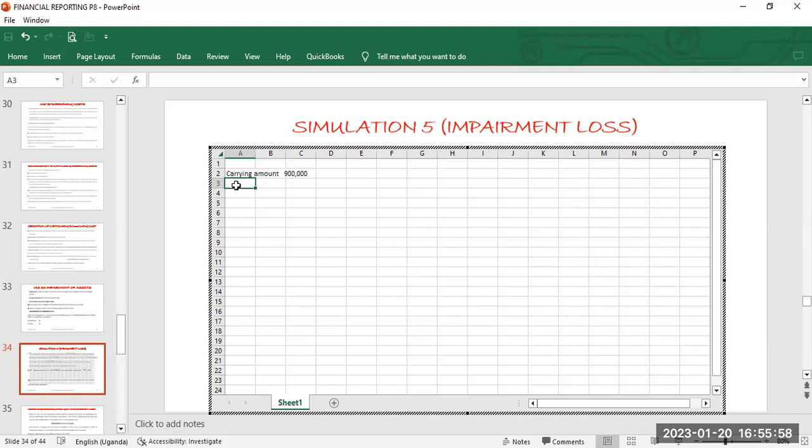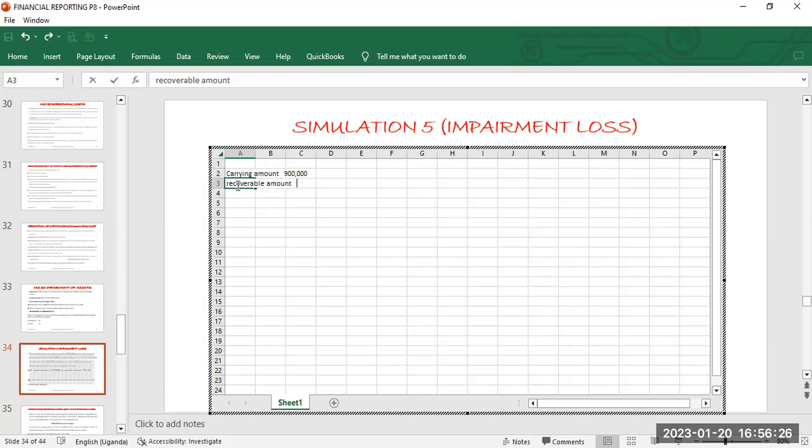So let's also look at the recoverable amount. Remember, we said we are comparing two figures, and our recoverable amount is going to be the higher of the two.